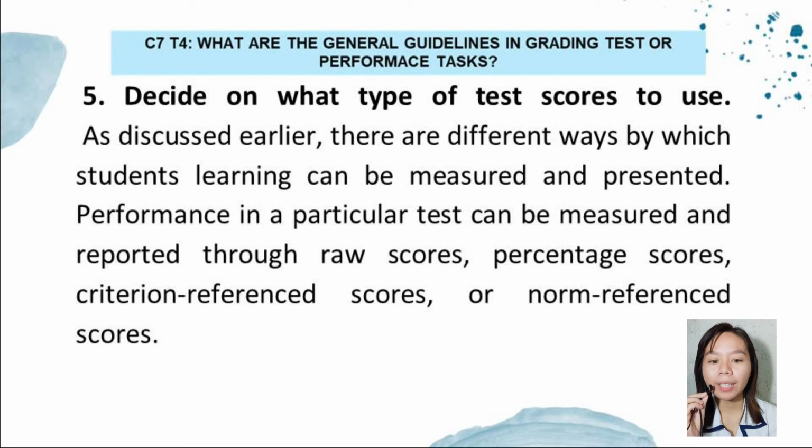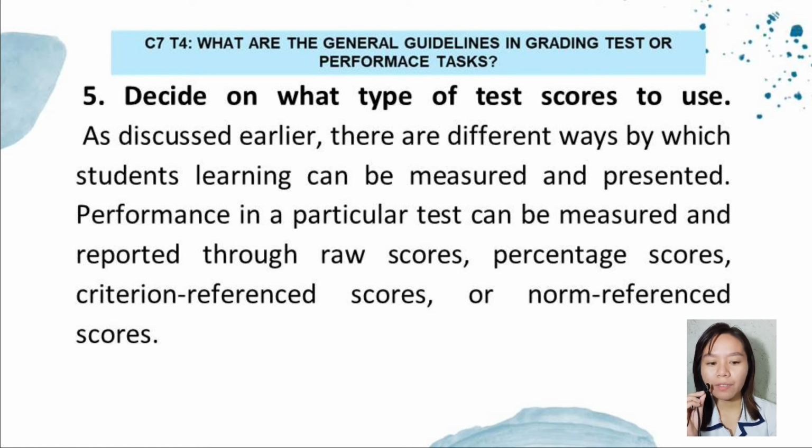Thus, it is important that different types of grading scheme be used for different tests, assessments, or performance tasks. Learners should also be informed at the start of what grading system is to be used for a particular task. Indeed, different types of grading scheme are to be used for different tasks, assessments, tests, or performance to have clear, accurate, consistent, and unbiased outcomes of grades.